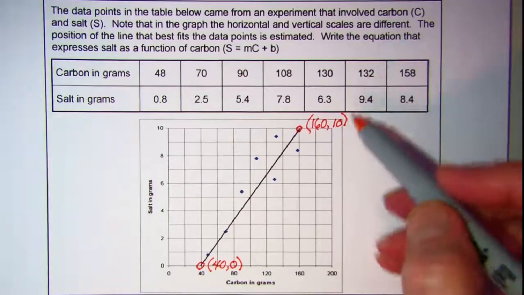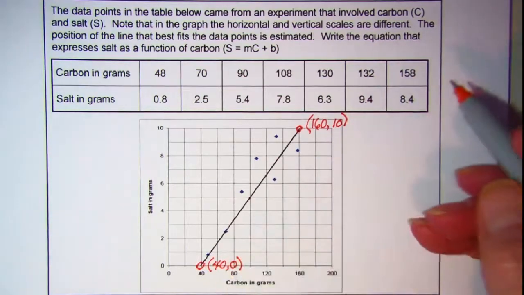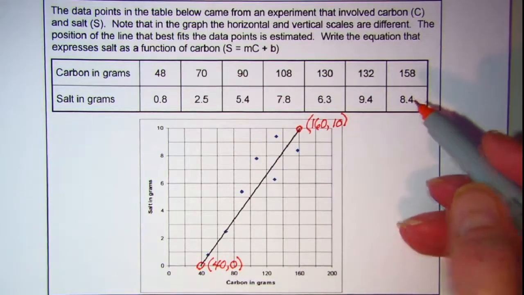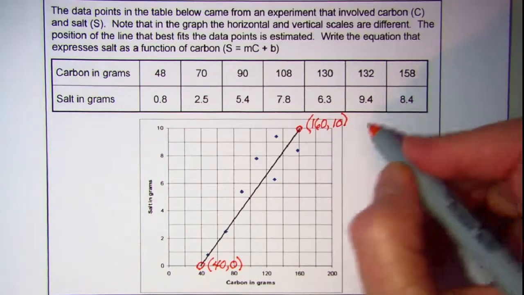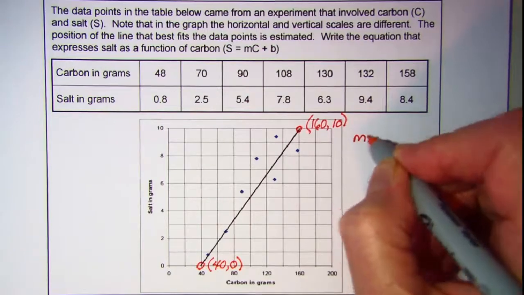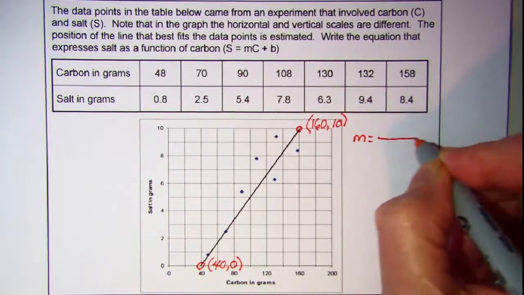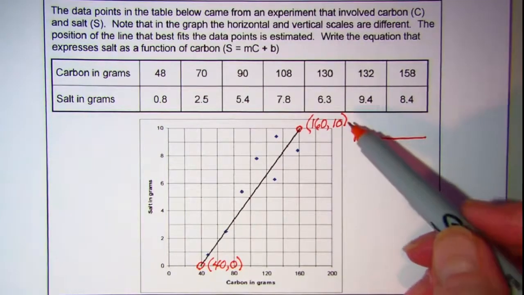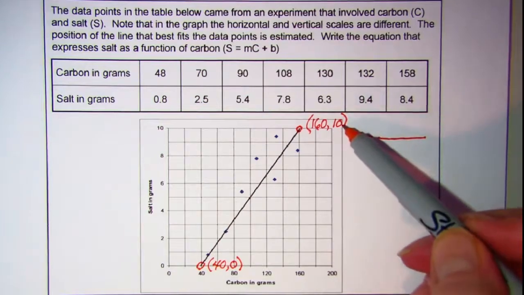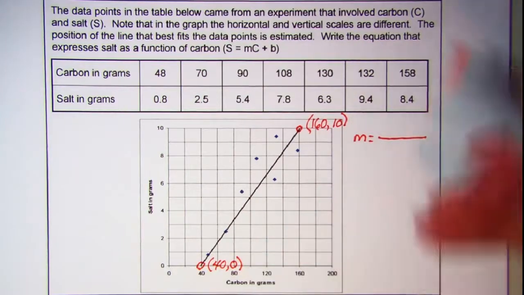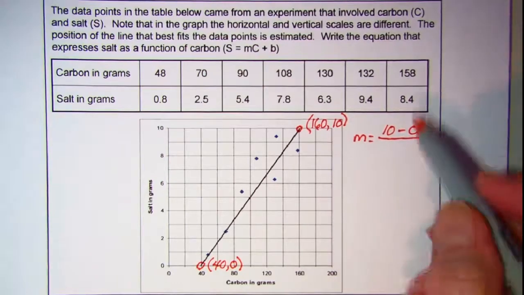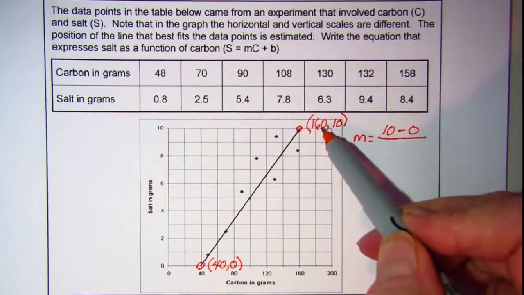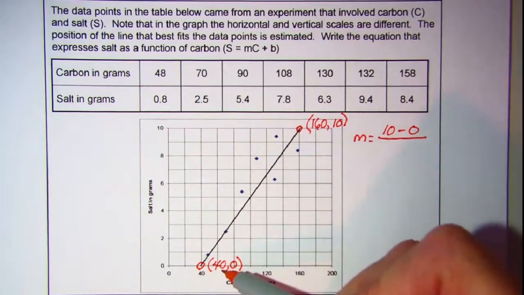Alright, we have our coordinates of our 2 points. Now we want to use those 2 points to get the equation of the line. The first thing we want to do is find the slope. And we find the slope by taking the change in y, so 10 subtract 0, over the change in x, which is 160 subtract 40.